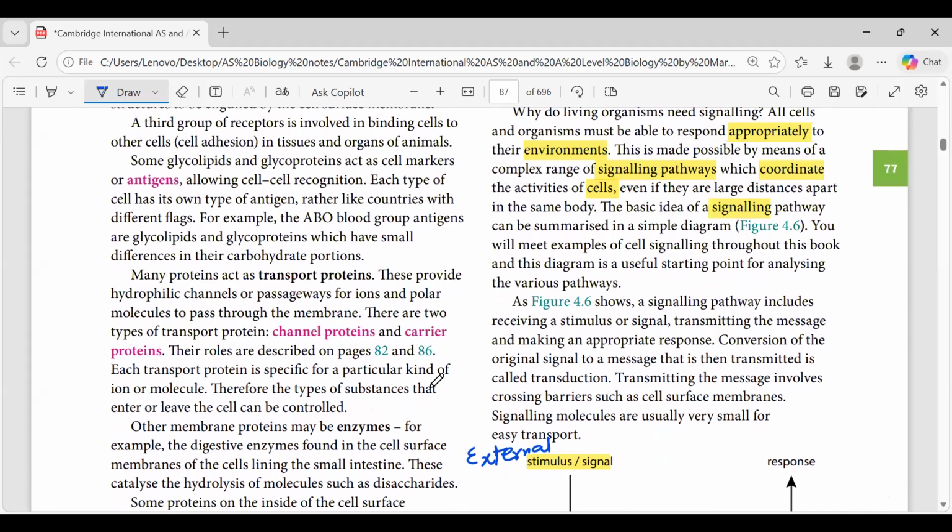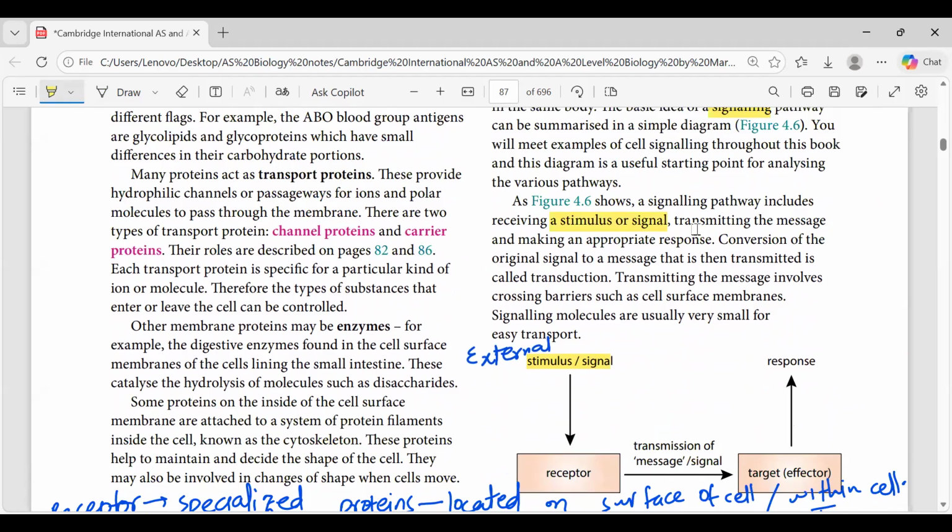Now, a signaling pathway includes receiving a stimulus or signal, then transmitting the message and making an appropriate response.